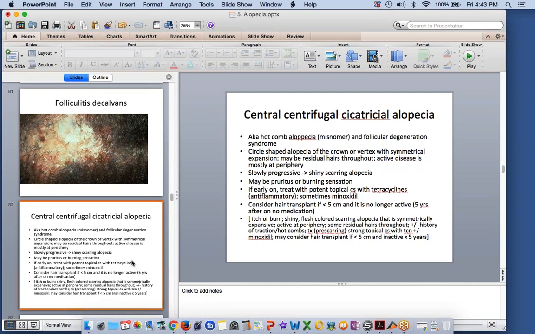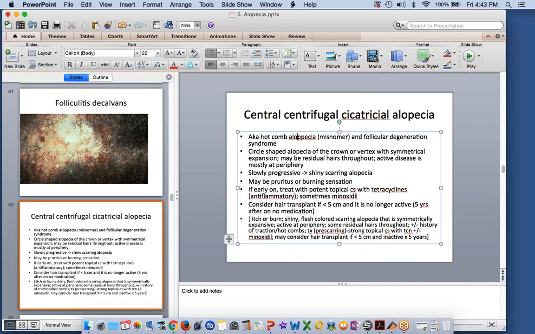Now this central centrifugal scarring alopecia is very common in the African American population. What you usually see is a middle-aged to an older African American woman coming and complaining that she has hair loss.